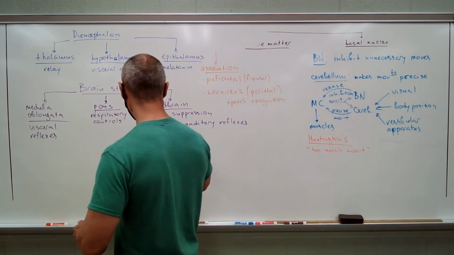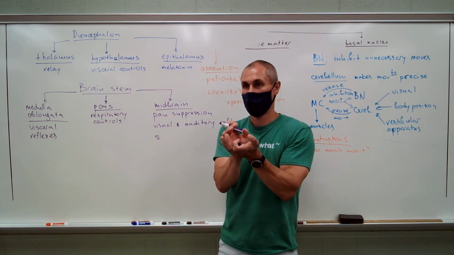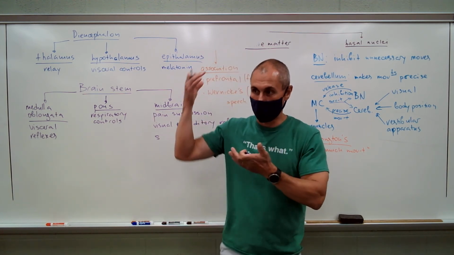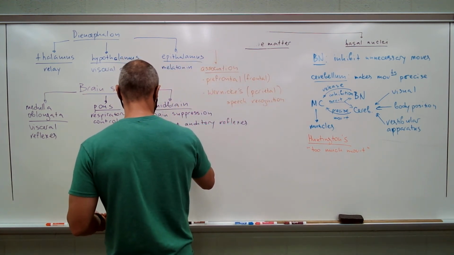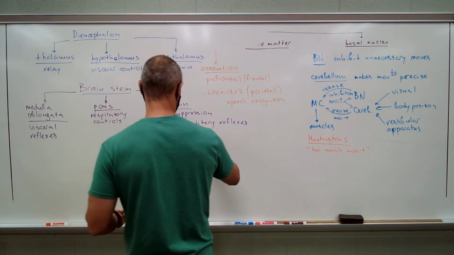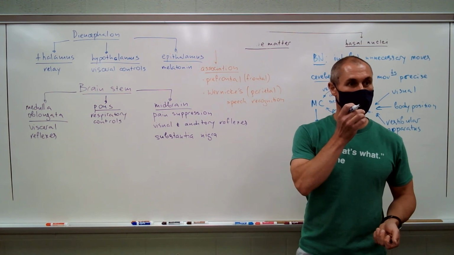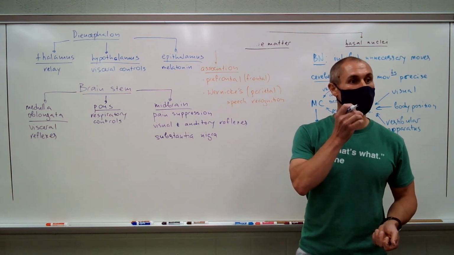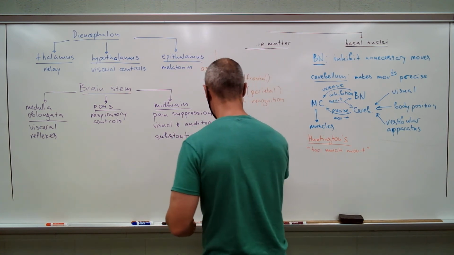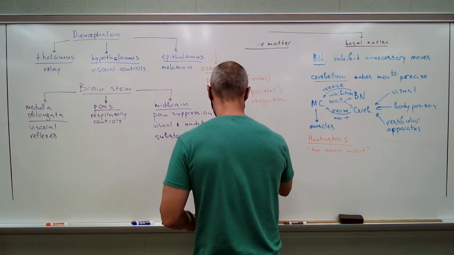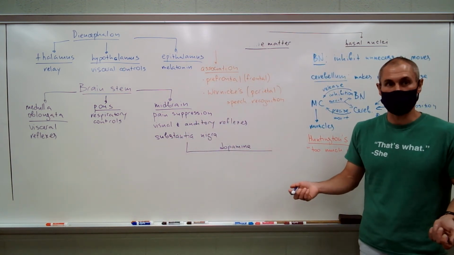So midbrain contains a nucleus of gray matter. Gray matter in the CNS is called nuclei. So a nucleus called substantia nigra, the black substance, which produces dopamine. Okay, the neurotransmitter, you know that.